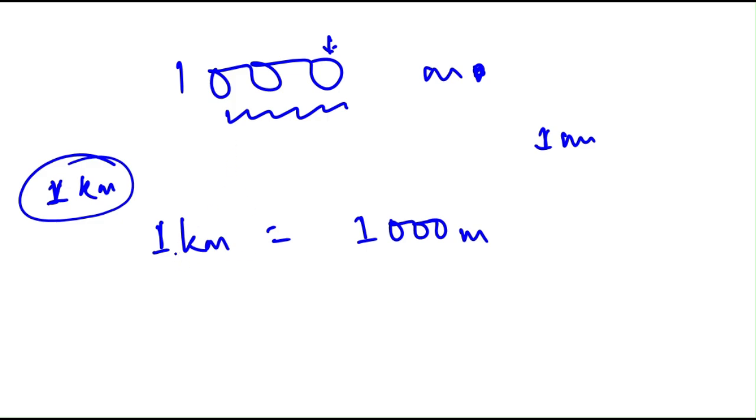We have measured this 1 kilometer distance, but we have reported it in meters only. And then we have 1000 meter. Then these three zeros are non-significant here. The only significant figure is 1. So it depends on the resolution or the least count of the instrument we have used.